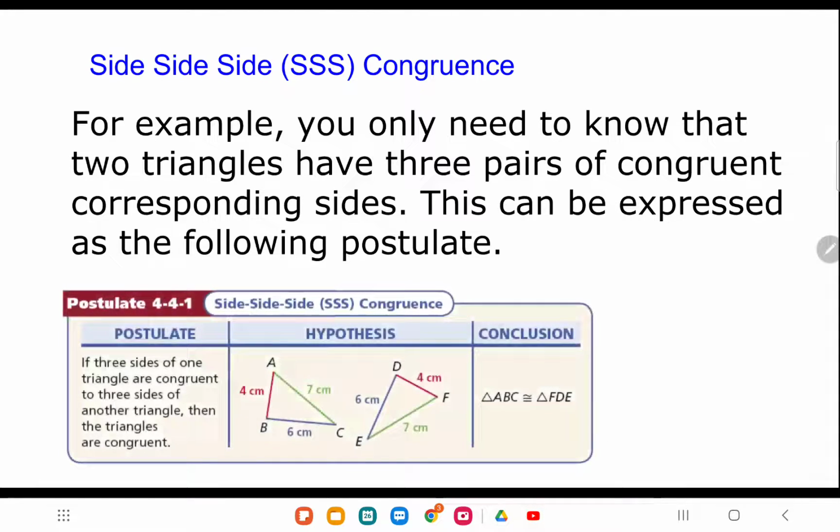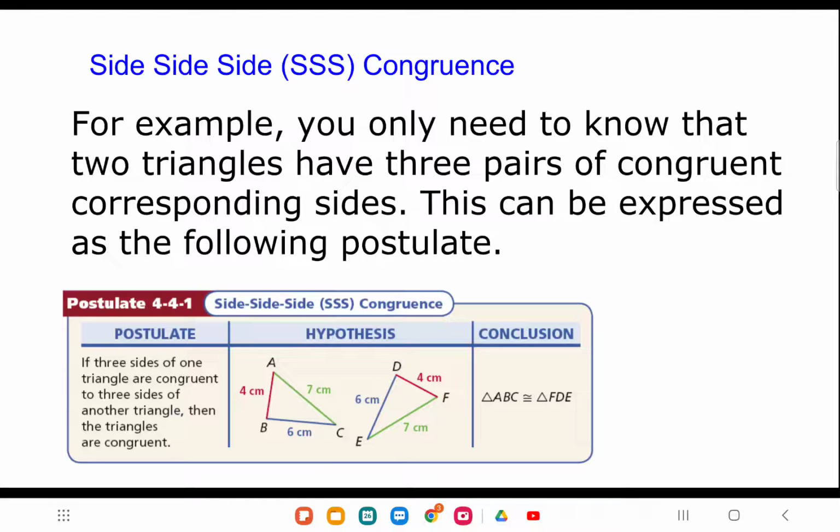So here's our postulate, side, side, side congruence. If 3 sides of one triangle are congruent to 3 sides of another triangle, then the triangles are congruent. So if we're given that AB is congruent to DF, BC is congruent to DE, and AC is congruent to EF, that is enough information for us to draw the conclusion that triangle ABC is congruent to triangle FDE.